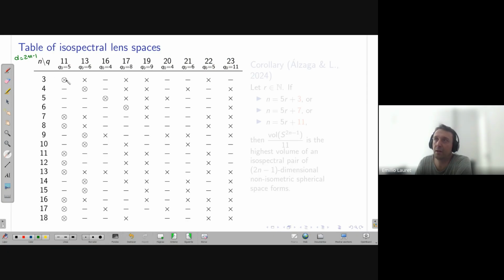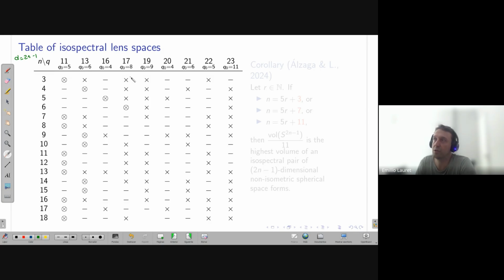And the table explains as follows. If this entry, for instance, has a cross, because there are elements of dimension 2 times 3 minus 1, there are length spaces with q equal to 11 and this number of parameters that are isospectral and non-isometric.